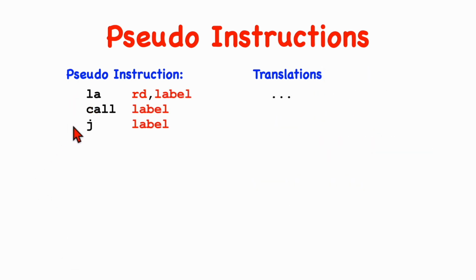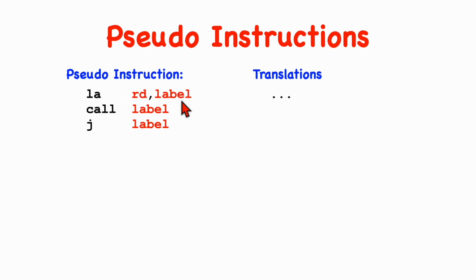Here we have three more instructions: the load address, the call, and the jump instruction, which are also pseudo instructions. The load address instruction is very similar to the load immediate instruction in that they both move a value into some destination register. The difference is that with the load address instruction, we're moving a memory address into the register, whereas with the load immediate instruction, we're moving a constant or absolute integer value into some register.